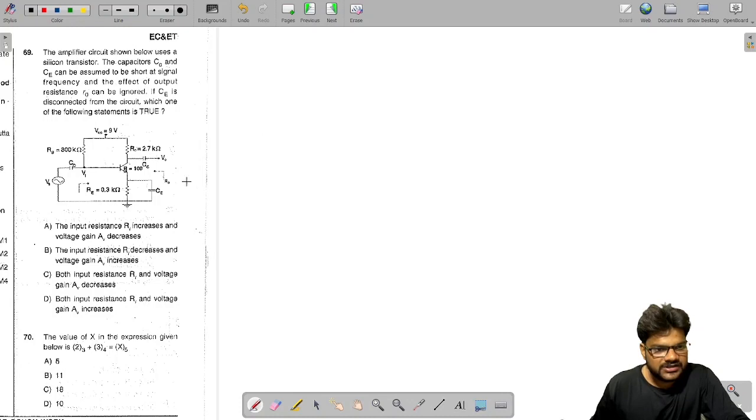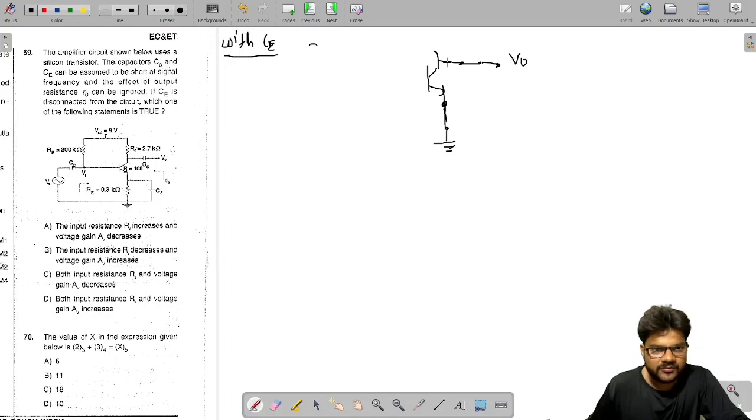So if CE is disconnected, okay, let us find first with CE. If CE is connected, what will this circuit be? For AC analysis, this will be shorted, because this current will be bypassed with this capacitor, and these capacitors are shorted.